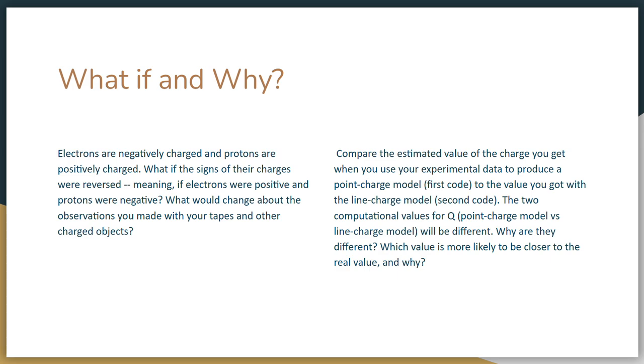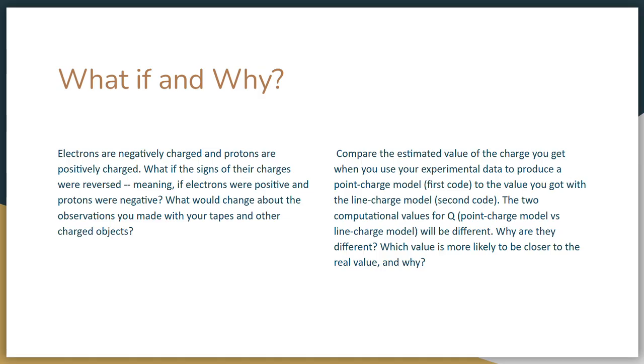I figured out that I don't think anything would change, since if the charges were reversed, everything would behave the same way, since electrons still repel electrons and protons still repel protons, and electrons and protons are attracted to one another. So nothing would change in the experiment, since the positively charged would still be attracted to the negatively charged.